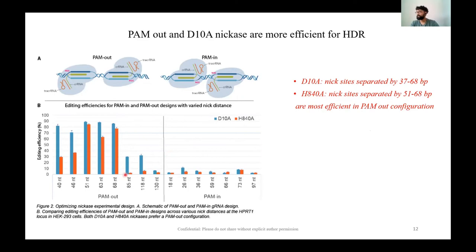H840A has a little bit more separation, but less efficiency. Therefore, the most efficient configuration, in my opinion, is D10A with the RuvC domain, separated by 37 to 68 base pairs with a PAM out configuration, right? So try to spread it out if you want targeted deletion.